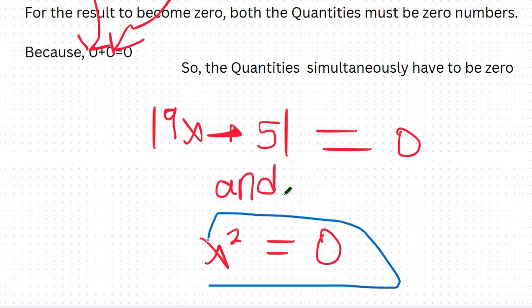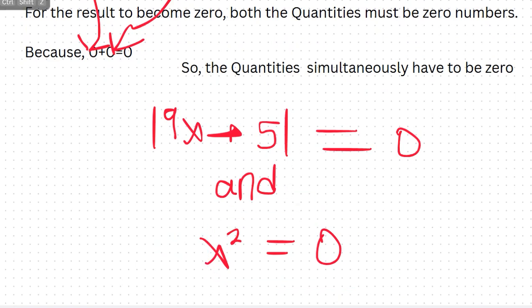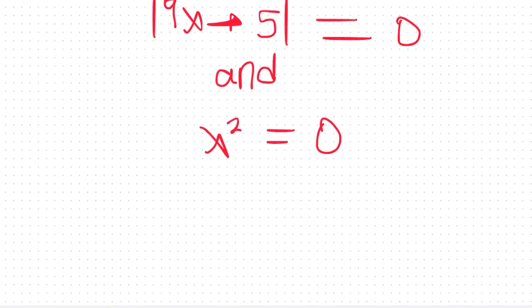So what do you get for x here? The other one doesn't work, so let's go to the next solution. What do you obtain from this condition? Tell me first. Which one? This. X is equal to how much? X squared has to be 0. X is equal to root 0.